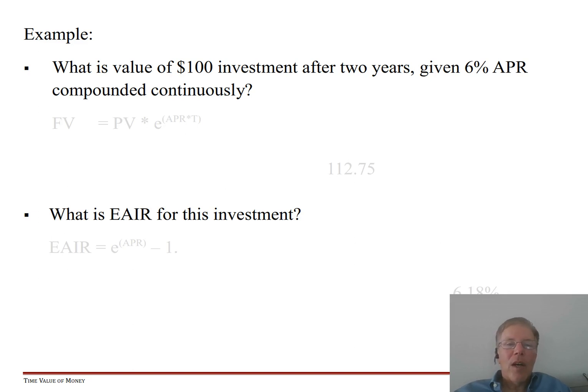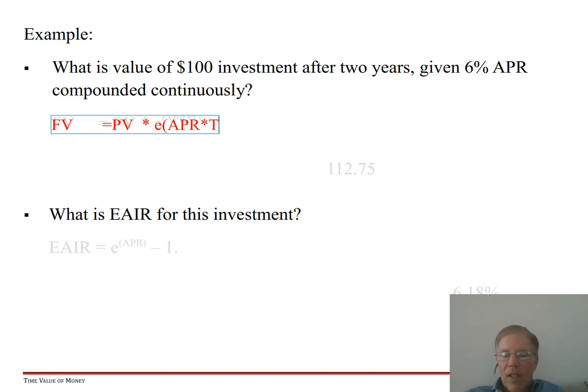So let's do a couple of quick examples here. What is the value of a $100 investment after 2 years given 6% APR compounded continuously? We'll just use the formula on the previous page. Future value for the continuously compounding world is equal to present value times e raised to the APR times t.